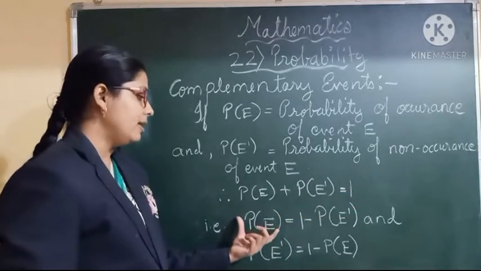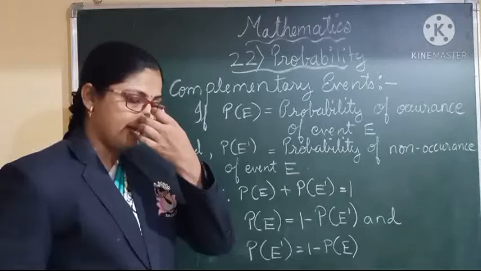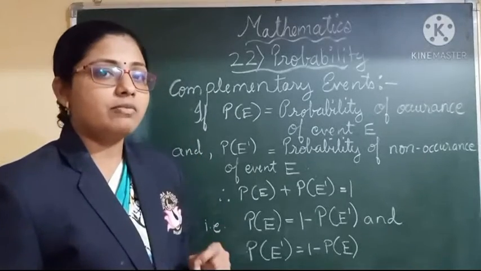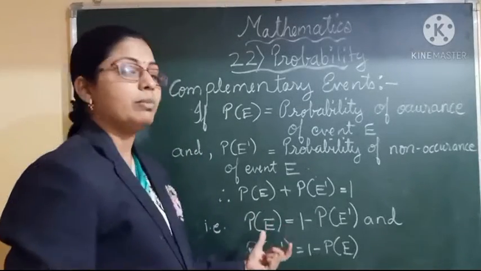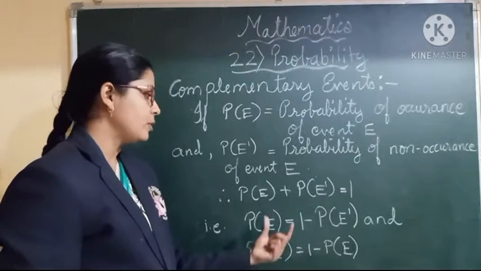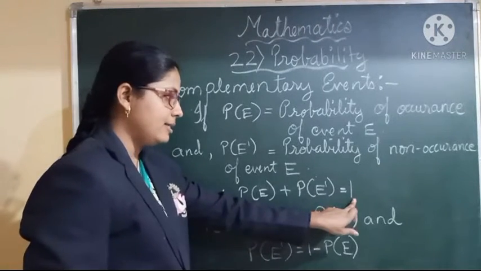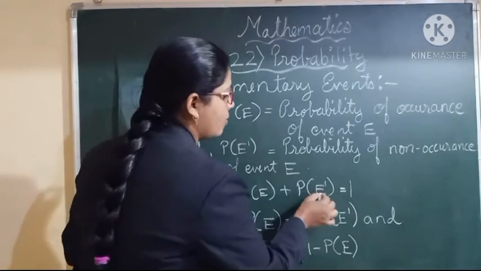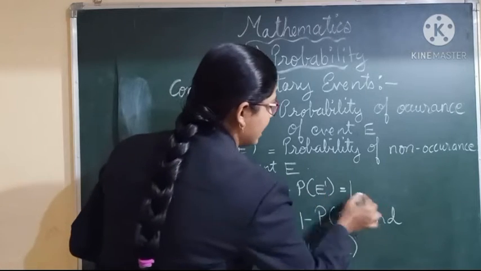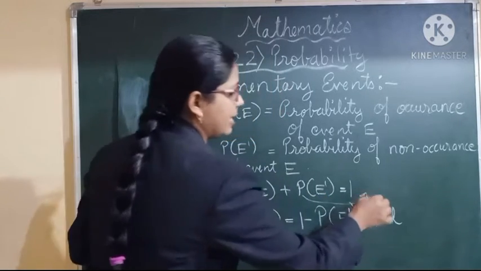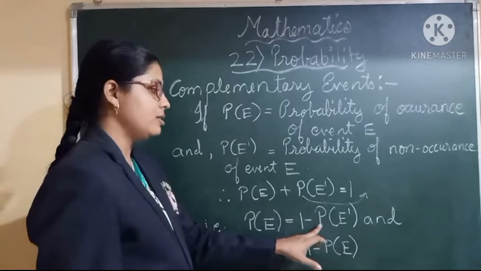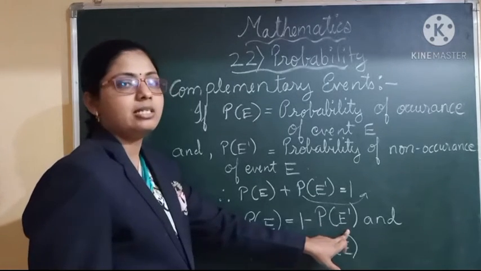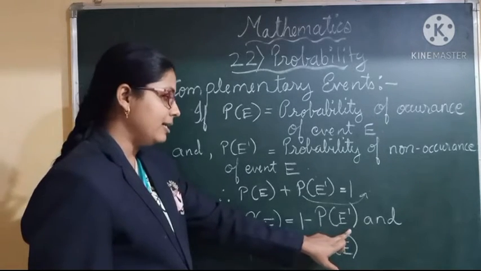Then if the probability of the event is not given, how will we find it? We just have to manipulate it. 1 will stay as it is, and P of E dash will go to this side and be subtracted. So P of E equals 1 minus P of E dash.